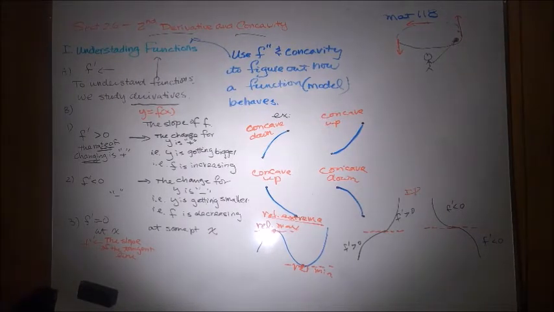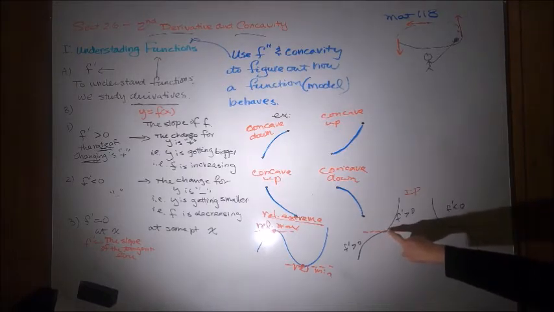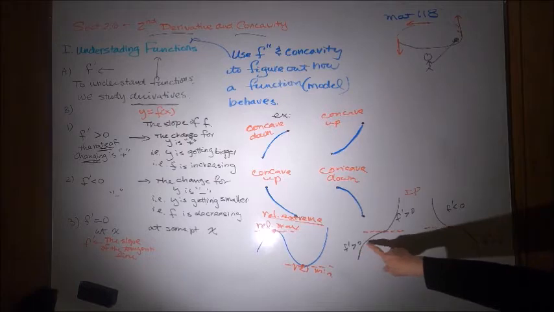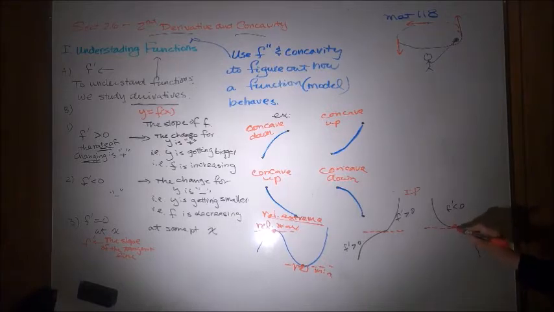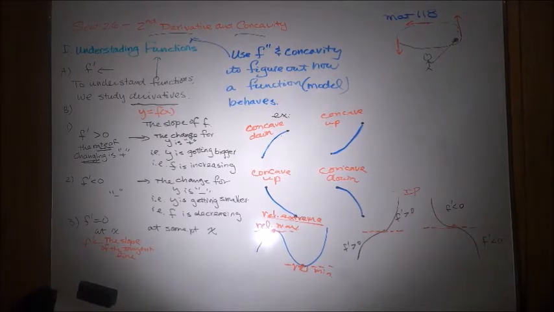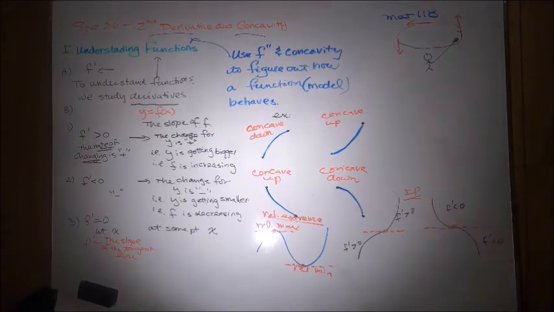So when both sides through that point have derivatives that are both positive or both negative, we call those points inflection points.